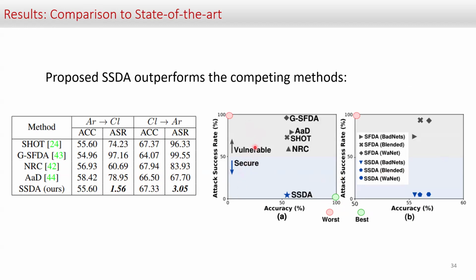On the top, it's a vulnerable range. On the right, it's a well-performing model. In an ideal world, we expect the model to be here, where it's extremely secure and extremely accurate, but that's highly impractical. Ours is on par with the existing defense methods, but is in the secure region of the spectrum.